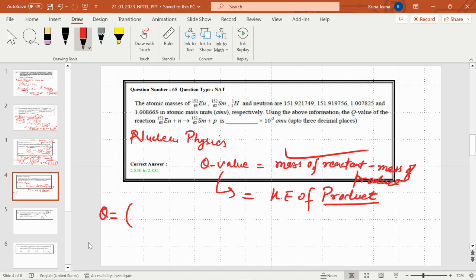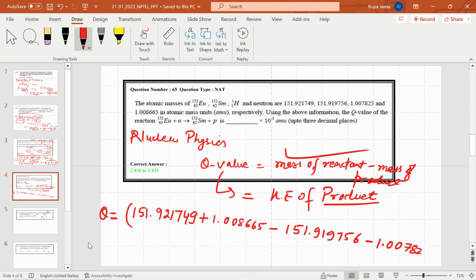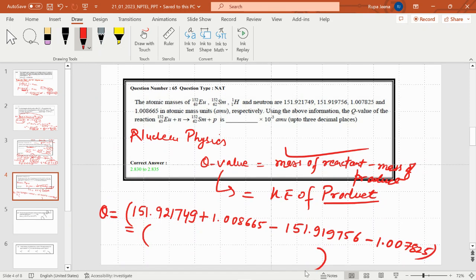So mass of reactant, this is 151.921749 plus neutron mass is 1.008665 minus 151.919756 minus 1.007825. Let me do some calculation, huh? Wait.